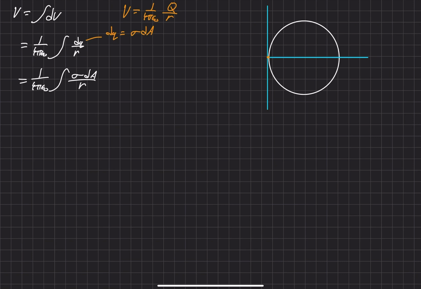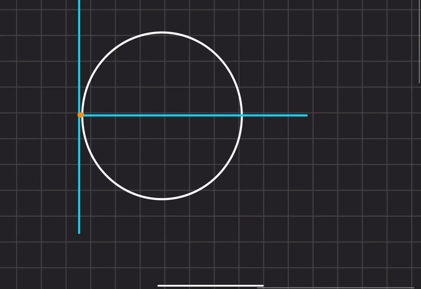One thing I forgot to mention: we can turn this dA into a surface area element suited to circular or cylindrical geometry, in terms of d theta dr. So let me zoom in here to make an infinitesimally small patch of surface charge.